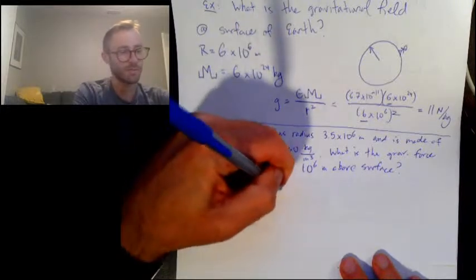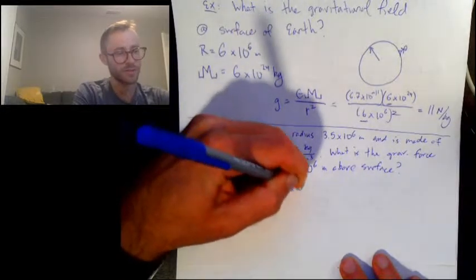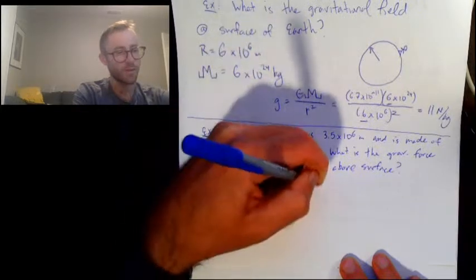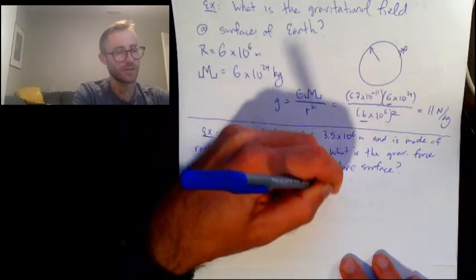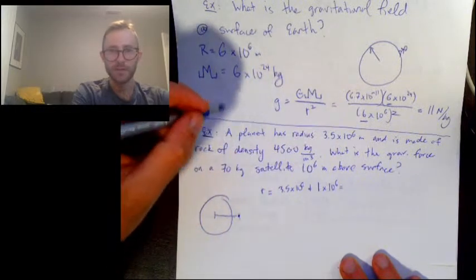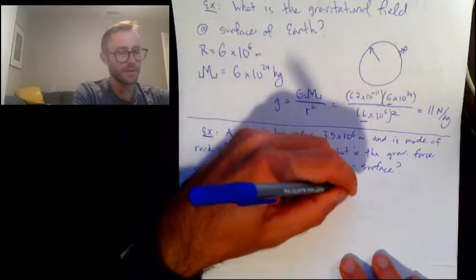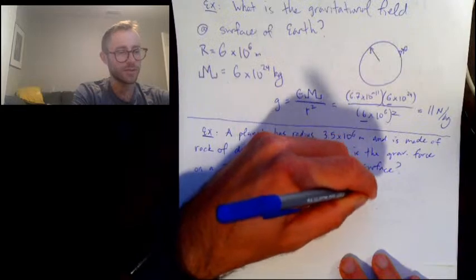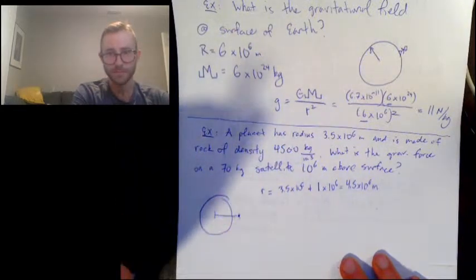So it's 3.5 times 10 to the 6th plus 1 times 10 to the 6th, which is 4.5 times 10 to the 6th meters. So that's the distance from the center.